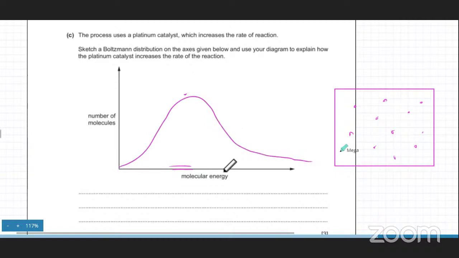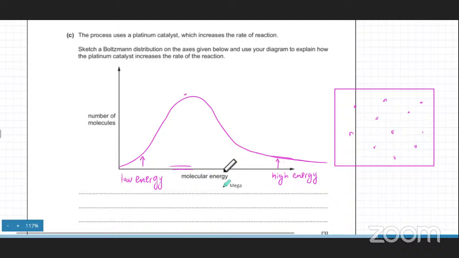is usually skewed, and the number of particles having high energy, the number of particles are lesser. Okay, the height is the number of particles, and the number of particles at low energy, their quantity would also be lesser.